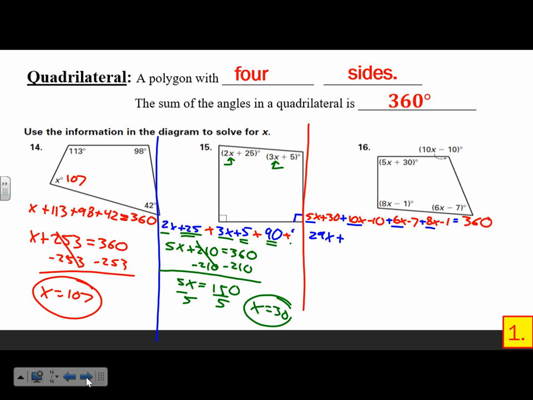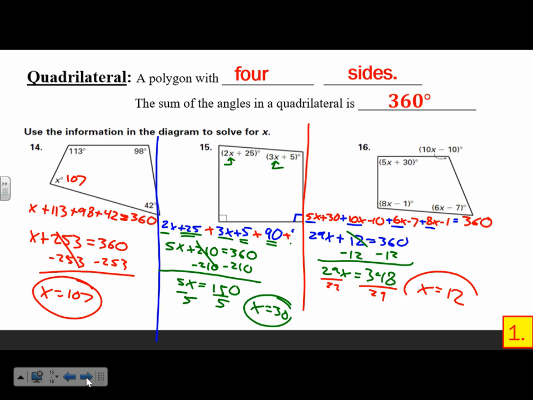We have 30 minus 10 minus 7 minus 1 is 12. And now we have a two-step equation. Subtract 12. 360 minus 12 is 348. Divide both of them by 29. You're getting x is equal to 12.